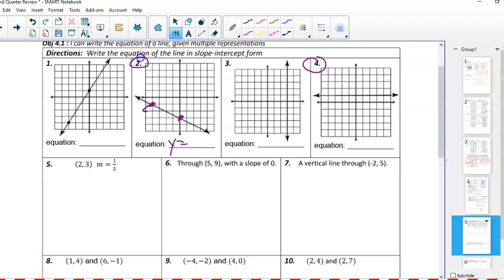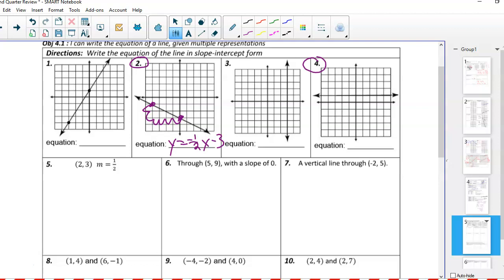Negative 2 over 4, which becomes negative 1/2. What is our y-intercept? Negative 3. So y equals negative 1/2 x minus 3 is your equation for number 2.